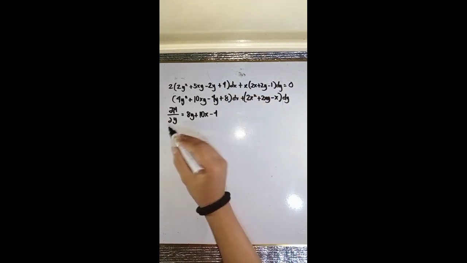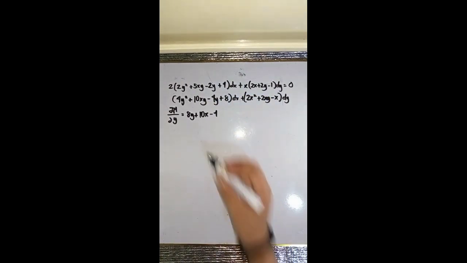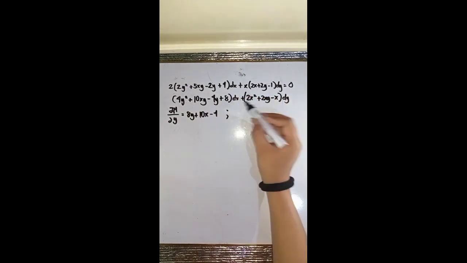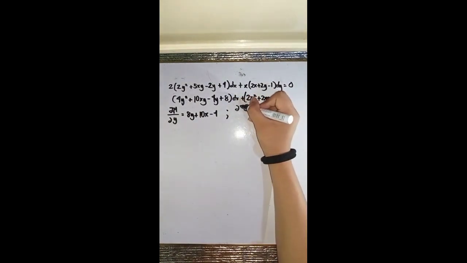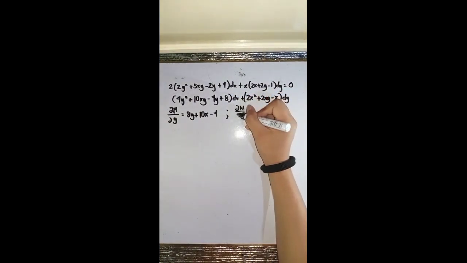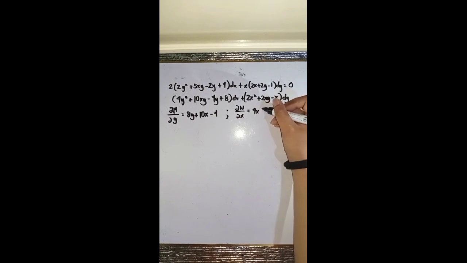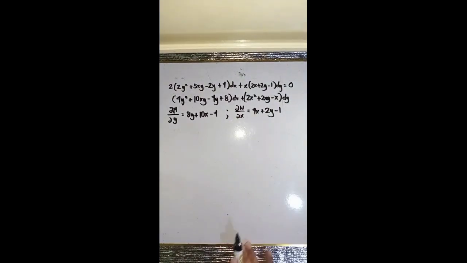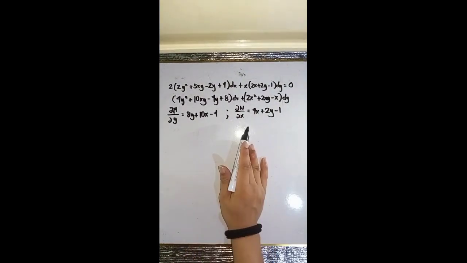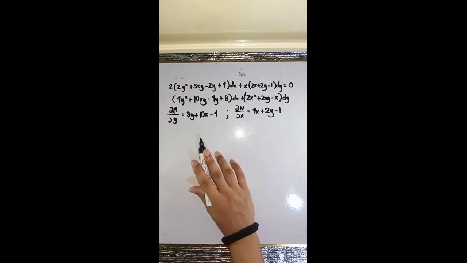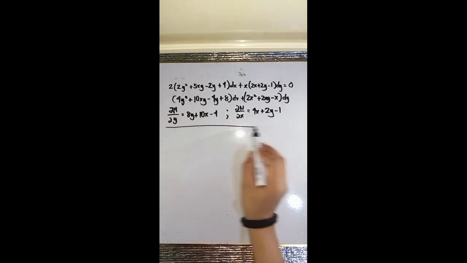Along with that, we can also look for the partial derivative of N with respect to x, which is equal to 4x plus 2y minus 1. As we can observe, this is not an exact differential equation, so we have to find the integrating factor.